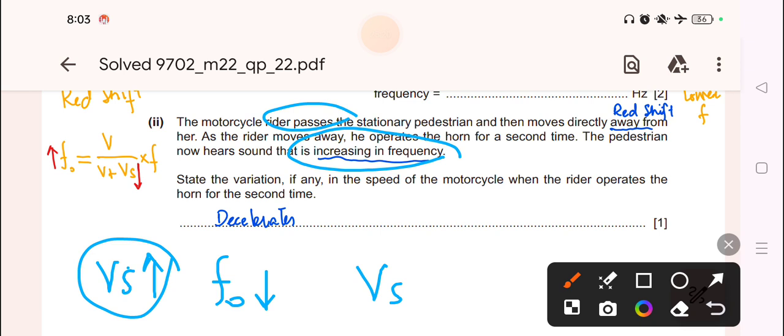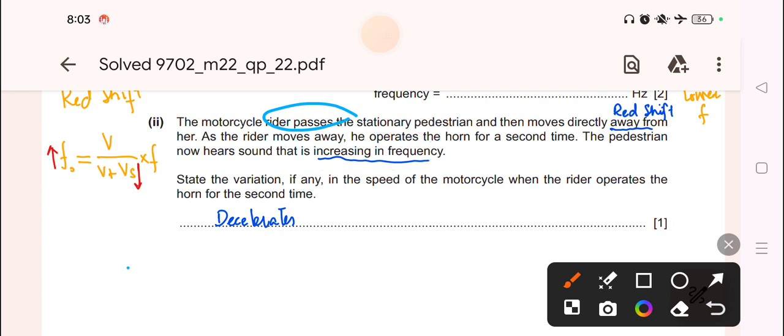I'm repeating, if you see the formula of redshift, the vs is in the denominator, and there is an inverse relation between vs and the frequency. So when it says the frequency is increasing, it means the speed is decreasing, the motorcyclist is decelerating.